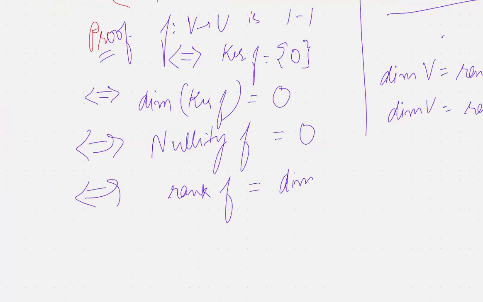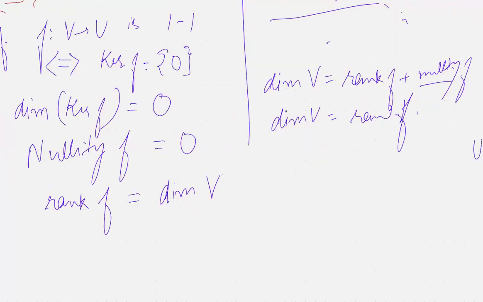Now over here, how can we bring it in? See, we are almost done. We just have to bring dimension of V and U into it. F is 1, 1.